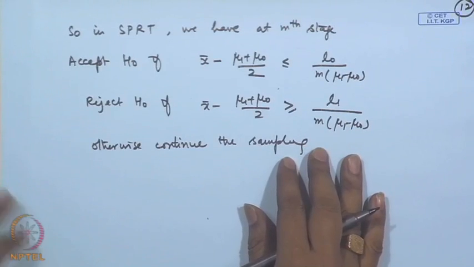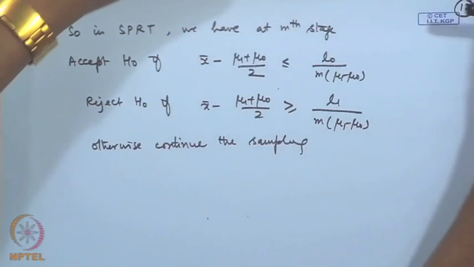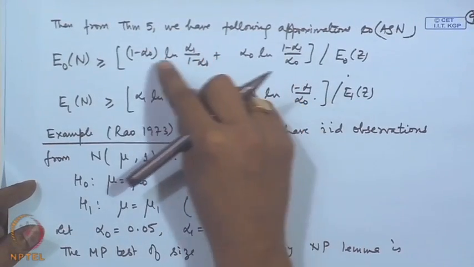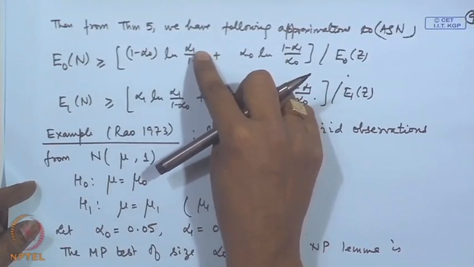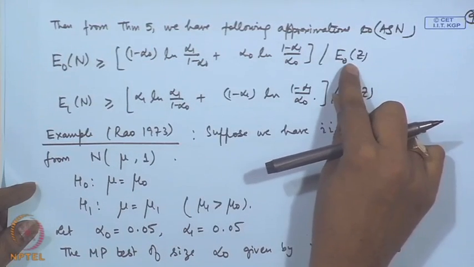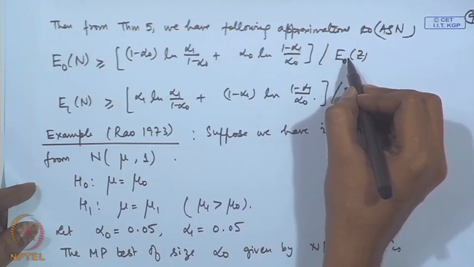continue the sampling. Now, the average sample number formula I have written here, that is given by this. So here I am fixing alpha naught and alpha 1 to be 0.05. So these numbers can be evaluated, and we need further the expectation of z. What was z?